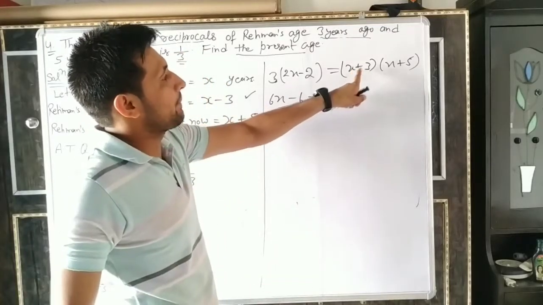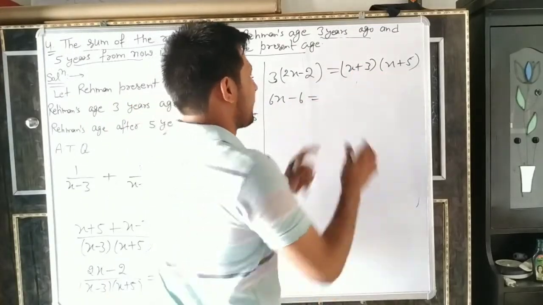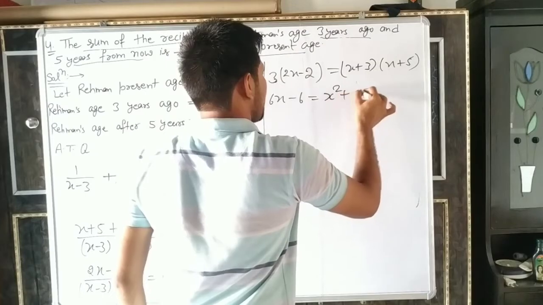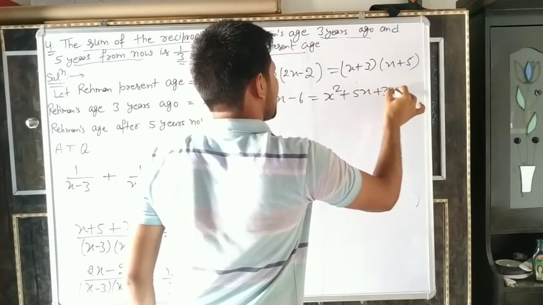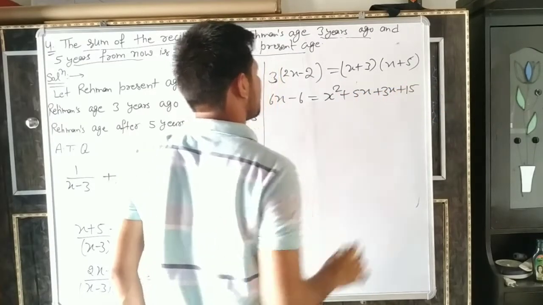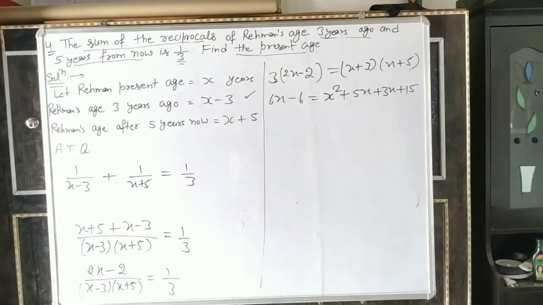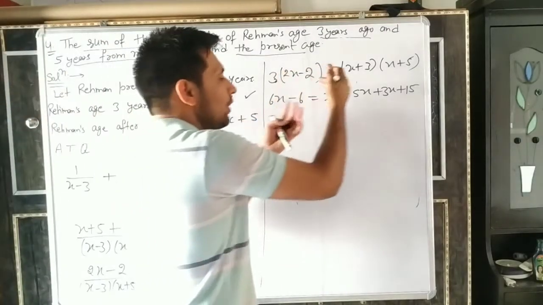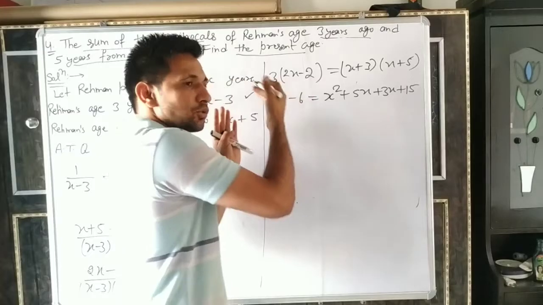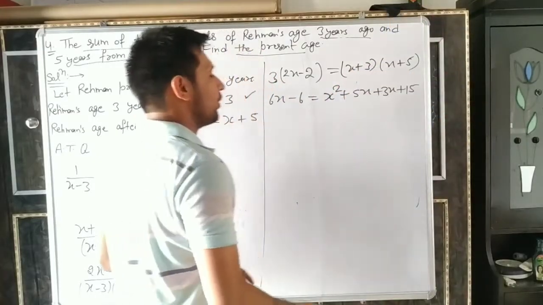Taking the first term and multiplying by both terms: x into x, x square, plus 5x plus 3x plus 15. Understand? So what will we do? We will move all the terms to the left side, or to the right side.